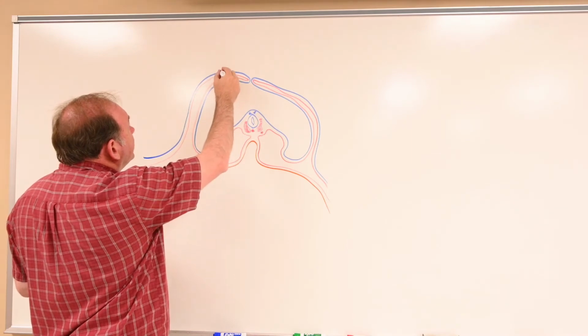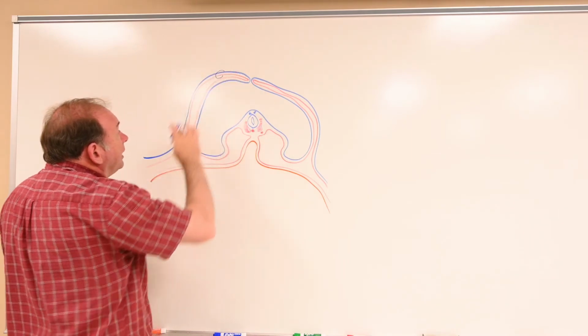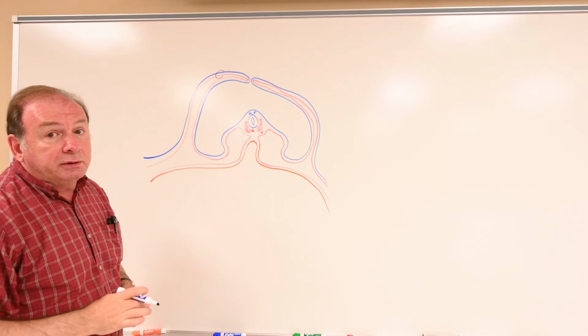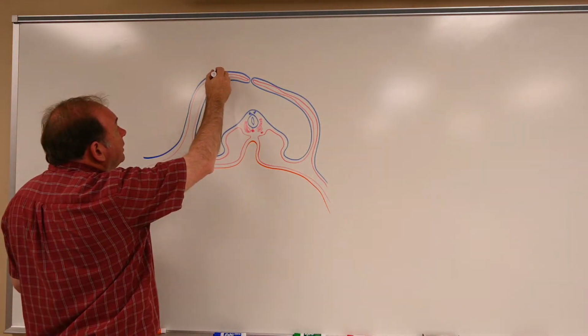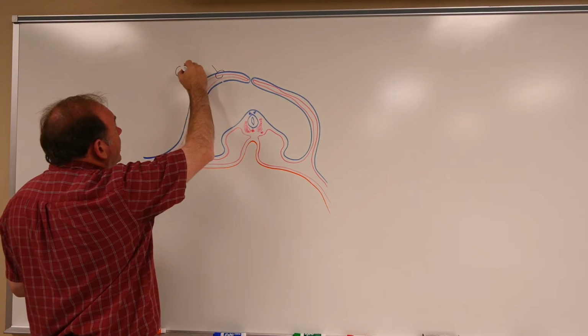First of all, there's this double layer of surface ectoderm and somatic mesoderm we have here that forms the chorionic membrane.